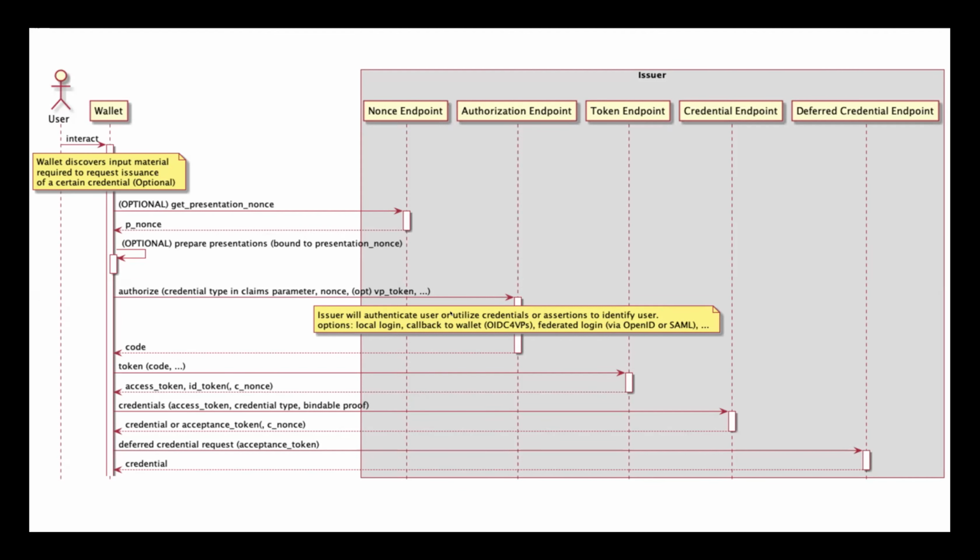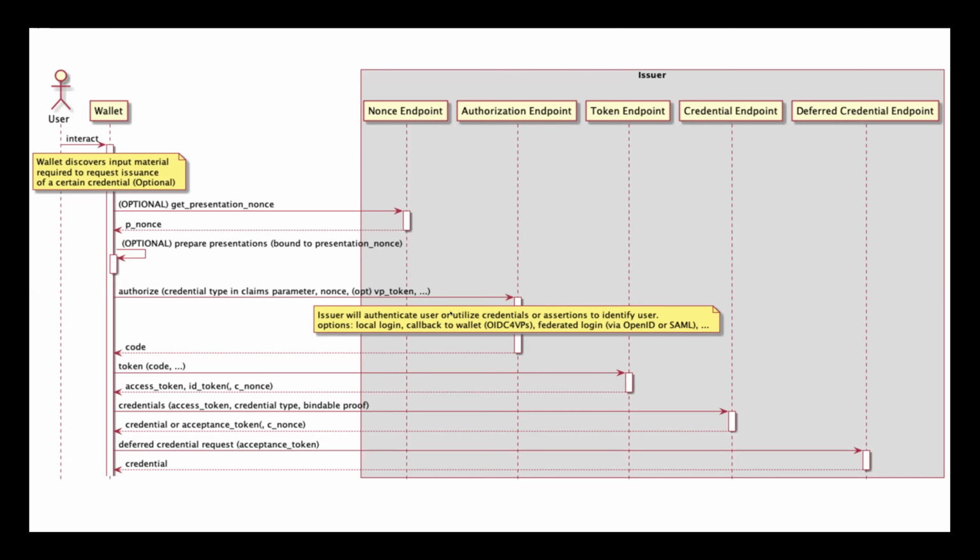It might authenticate the user using a local login, using a federated login, or just using some credentials that were already presented, or it might call back to the wallet to obtain further credentials. And then the authorization server, the OP, issues a code. That's the standard authorization code flow, and the code is exchanged for an access token.